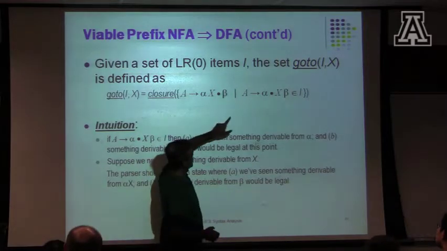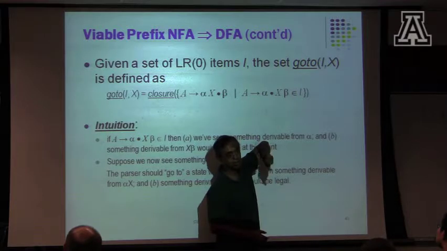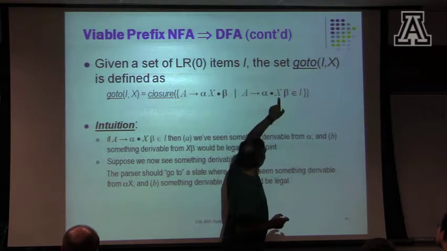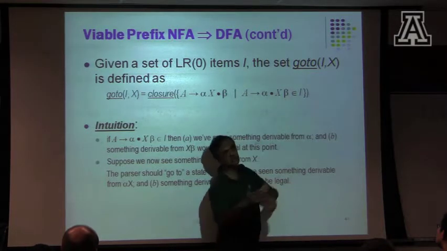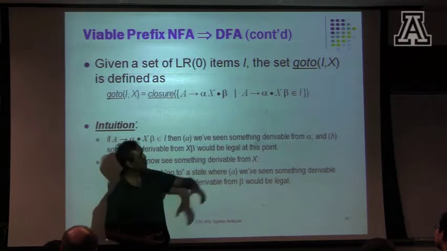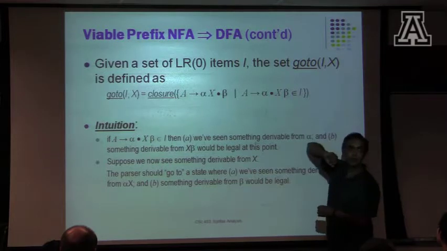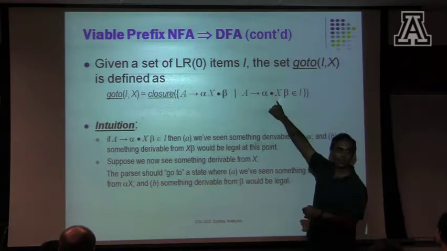Some of those possibilities will have X to the right of the dot, the intuition being that some of those possibilities will expect something X can derive next, and others might have other things to the right of the dot. I've told you that we've just seen X in the input, so really all I care about are the items that have an X to the right of the dot.